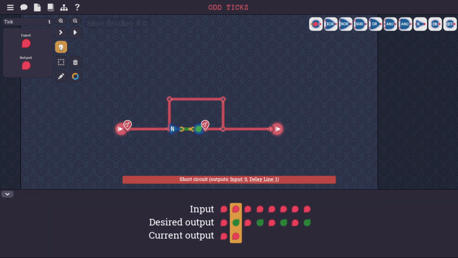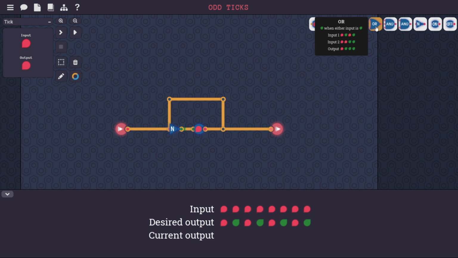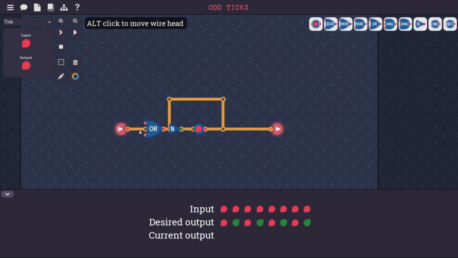So I think we just need another gate, which is an OR gate between this and maybe this.